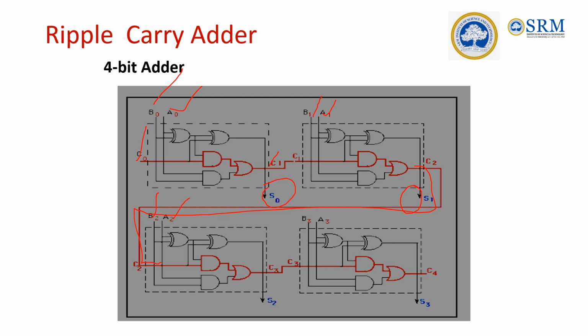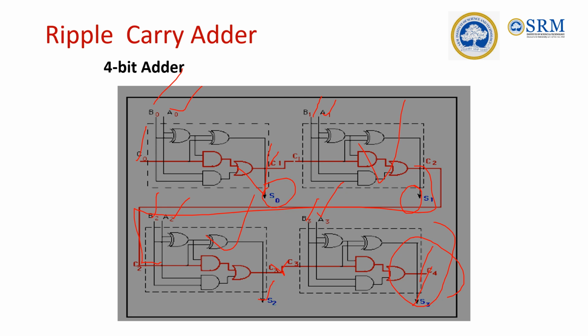Here you generate S2 and C3, which is the input for A3 and B3, which gives you S3 and C4. So if you look at this case, the fourth output can be generated only after the first carry, second carry, third carry is generated. So you have to wait.